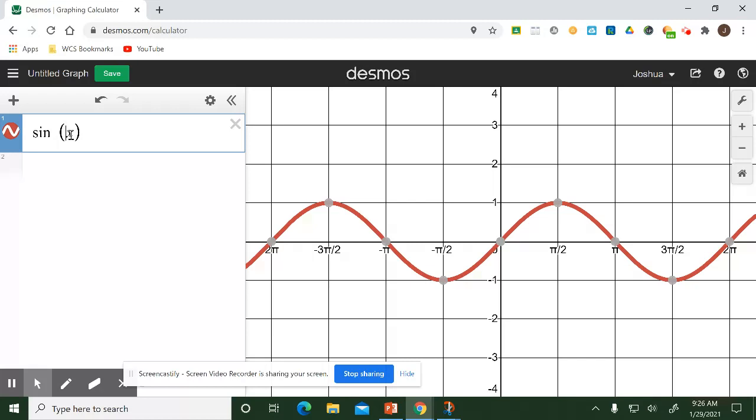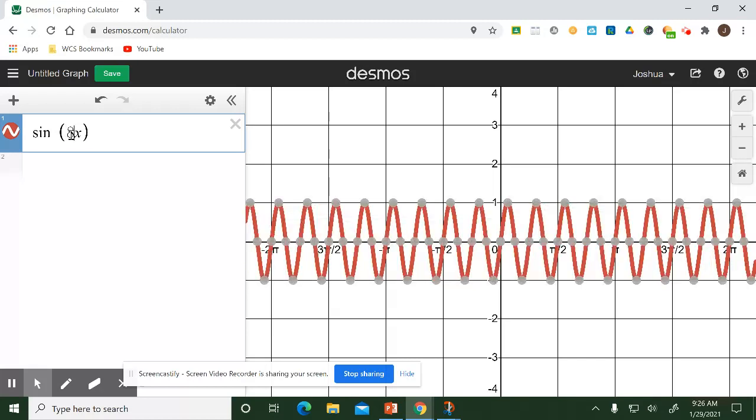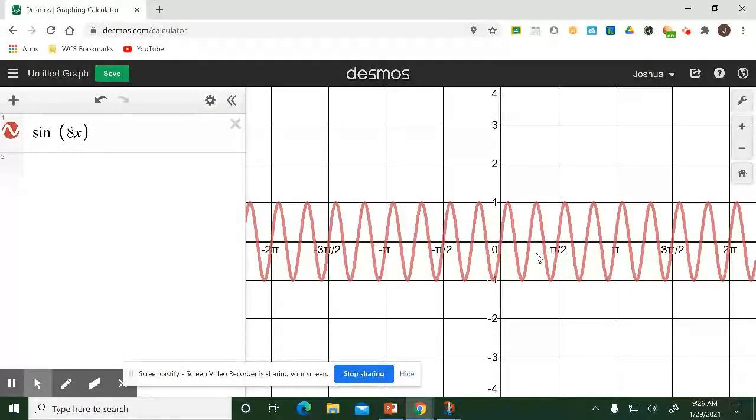So if I multiply it by a number bigger than 1, like 8, I'm telling it to run through the cycle faster, because the numbers on the inside that you're taking the sine or the cosine of are going to get bigger faster. So you're going to go from 0 to 2 pi a lot more quickly. And so you'll get something like this, where the wave has a greater frequency, the period is much shorter, and the wave is more crunched horizontally.